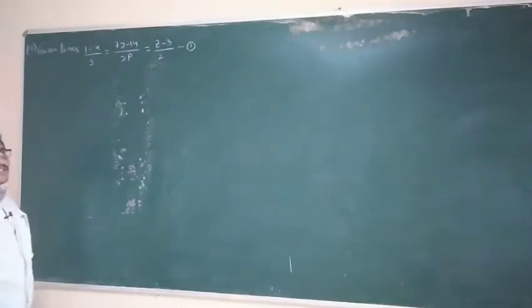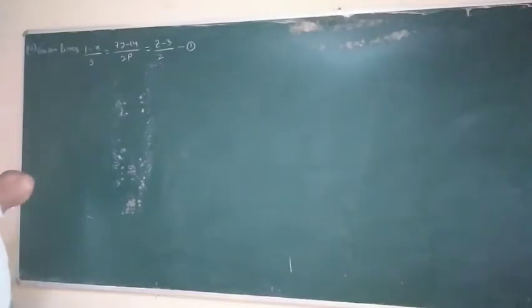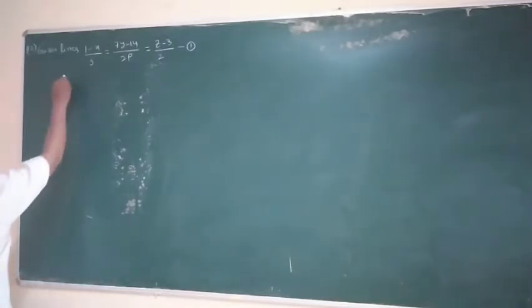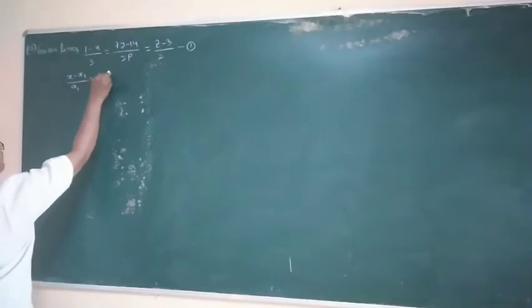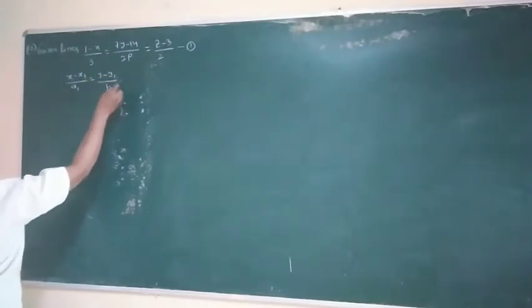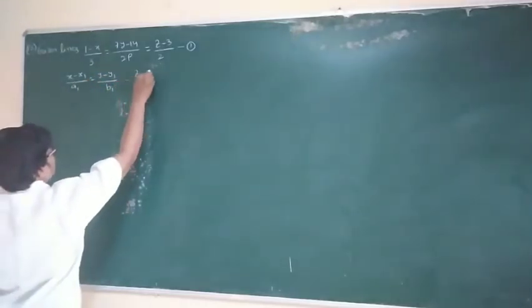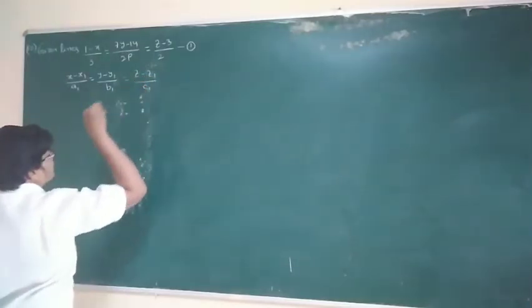What is the general form of the line equation in Cartesian form? x minus x1 by a1, y minus y1 by b1 is equal to z minus z1 by c1.